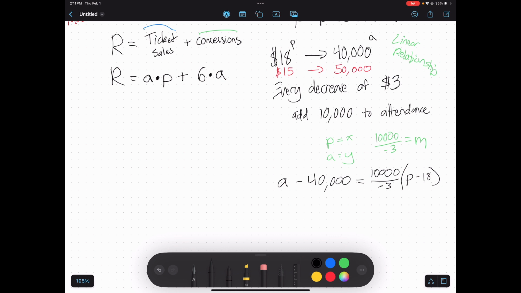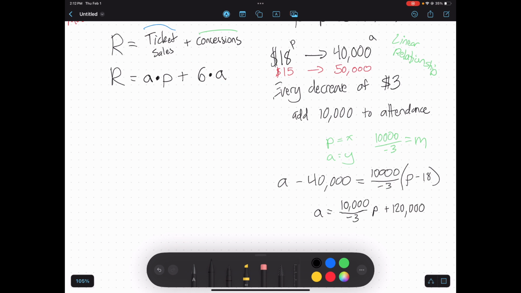Okay, so with that, I can then solve for A. I can do some simplifying and solve for A, and I get 10,000 over -3 times P plus 120,000. By the way, if you're curious, that 120,000 is how many people would attend if I set my price to 0, right? It's my y-intercept. If I gave away my tickets for free, we could expect 120,000 people to show up.